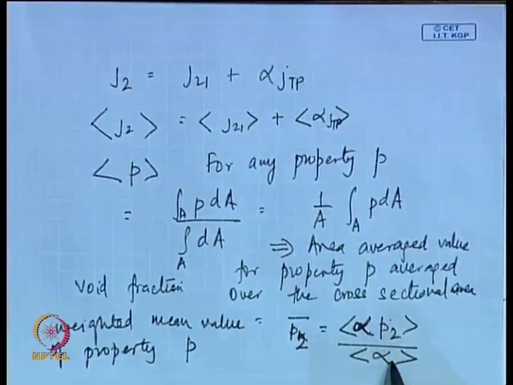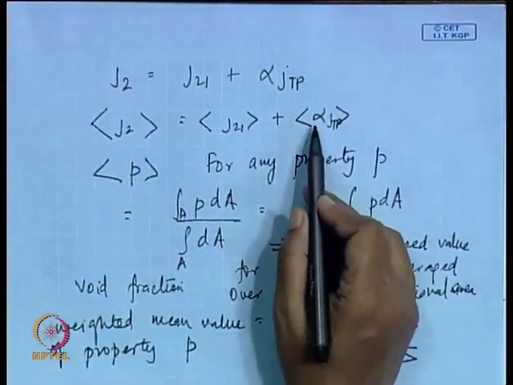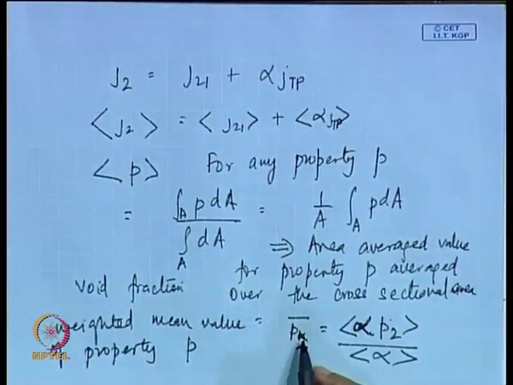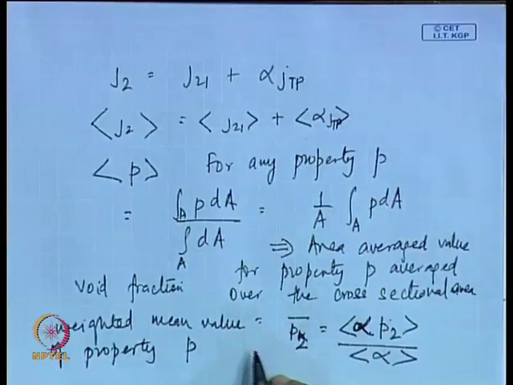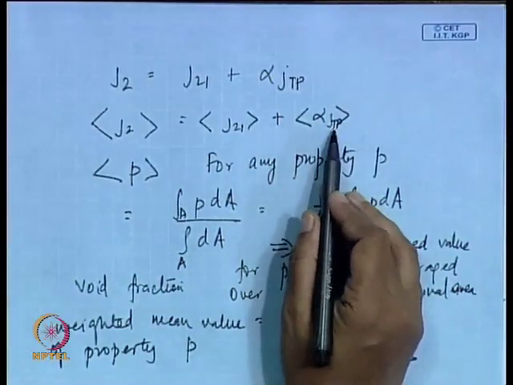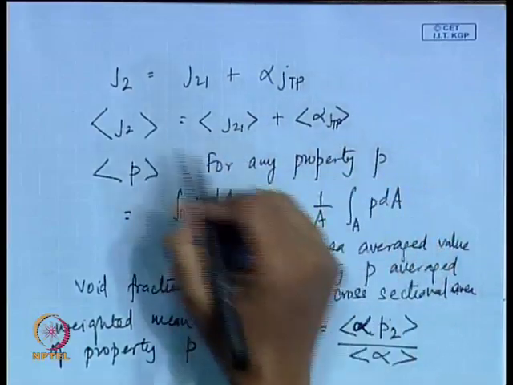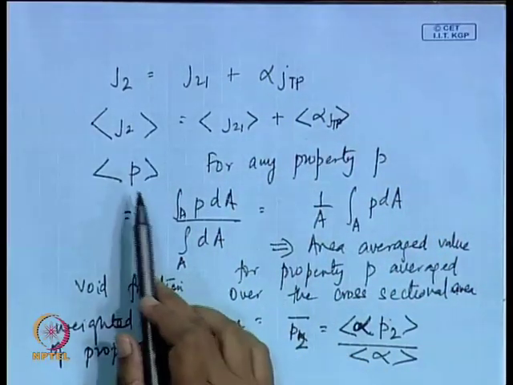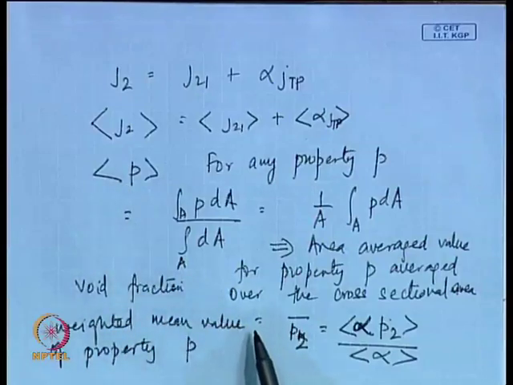If you observe this term, you find that alpha times J Tp will be equal to alpha into J Tp bar, isn't it? It is something of this sort. So, we find that there are two particular definitions which we have to keep in mind.